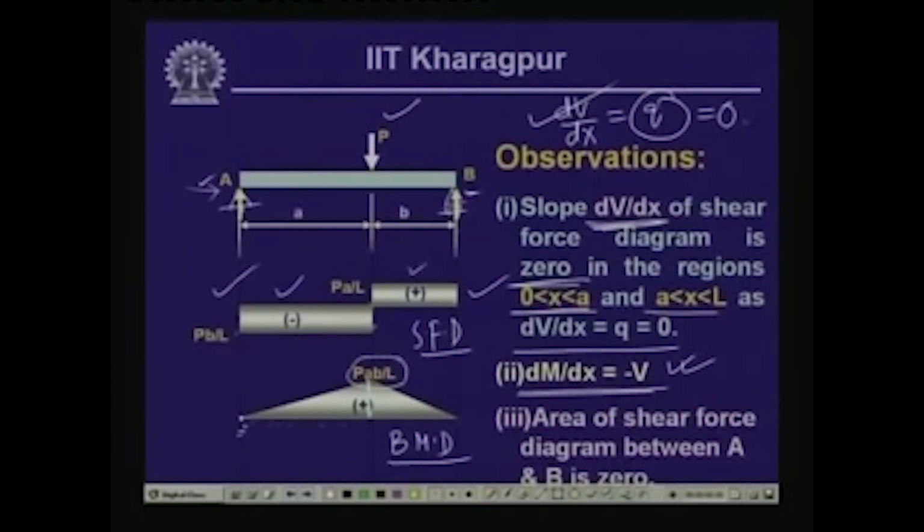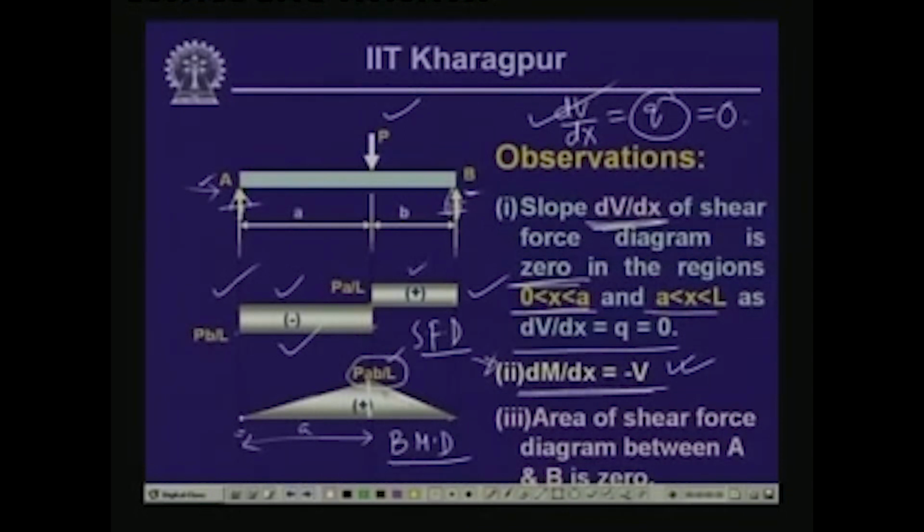So, the dM/dx, the slope over here, is equal to this moment minus this moment divided by this length a. So, Pab/L minus 0 by a gives us Pb/L, and negative of Pb/L is the shear force at this particular location. So, this equation again matches diagrammatically over here, and so on this particular part.